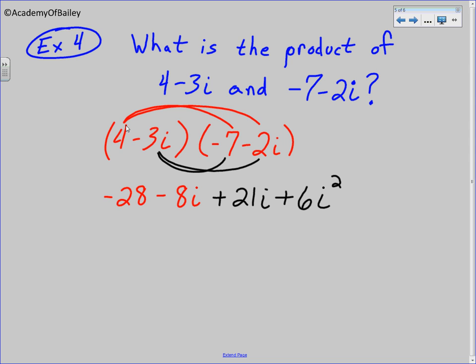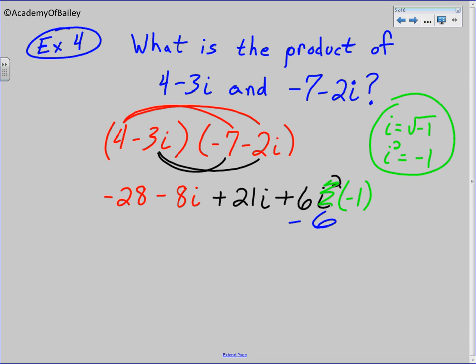Well, instead of i squared, we could be thinking that it's equal to negative 1. In case you forgot, i is equal to the square root of negative 1. Therefore, when you square both sides, i squared is equal to negative 1. And so that's why we're plugging negative 1 in there. And so this leaves us with a negative 6 here.